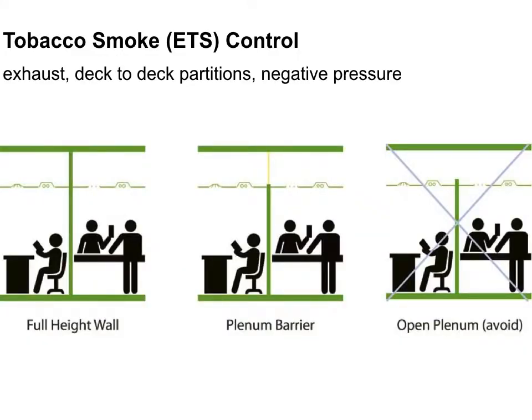How many of you have lived in an apartment building and you can smell the person next door smoking? Part of that is because of the way that separation between units is designed. So, for example, you see the space above this little dashed line near the ceiling.